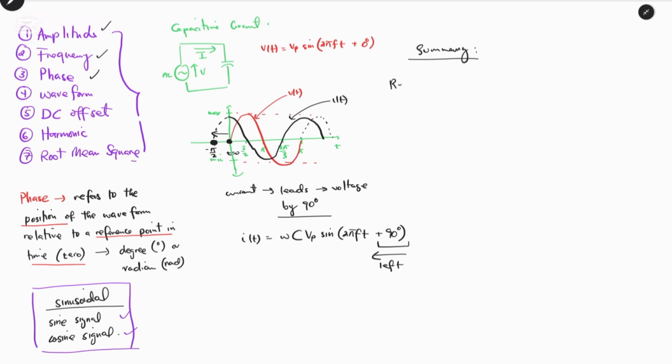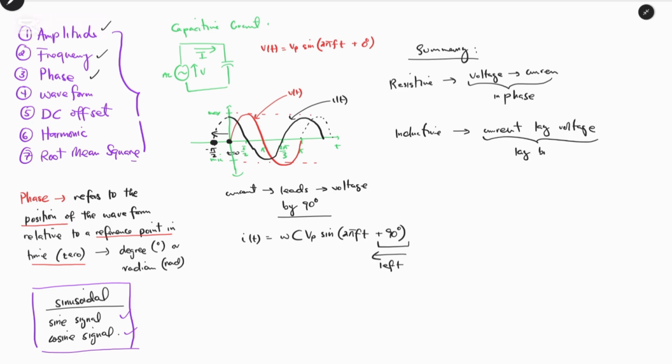So I believe with such an explanation we can see, in summary of the phase in an electrical circuit, for the resistive circuit the voltage and the current are in phase. For the inductive circuit, the current lags the voltage, and from our example it is lagging the voltage by 90 degrees or pi on 2.